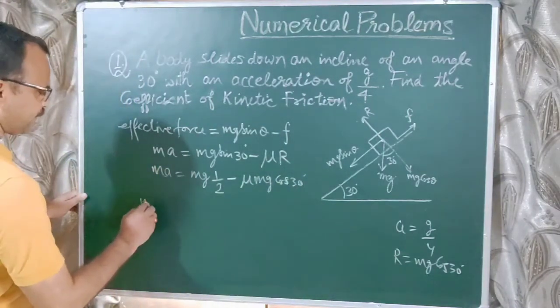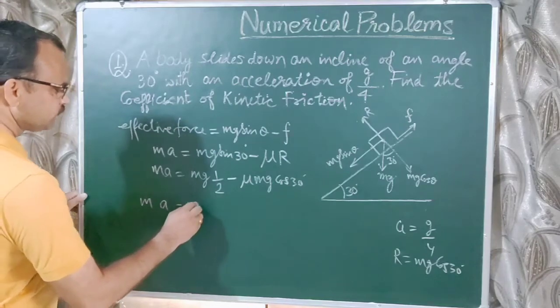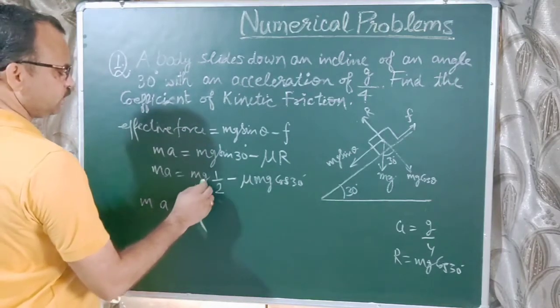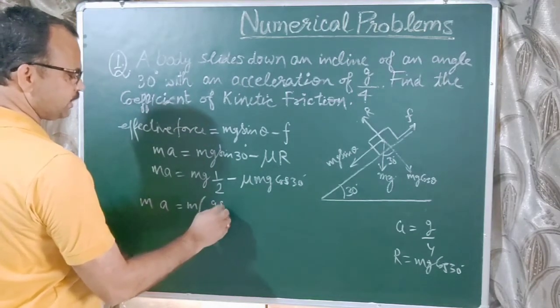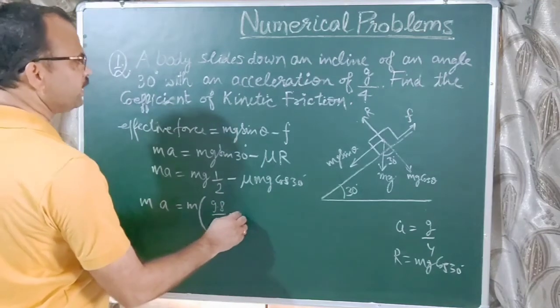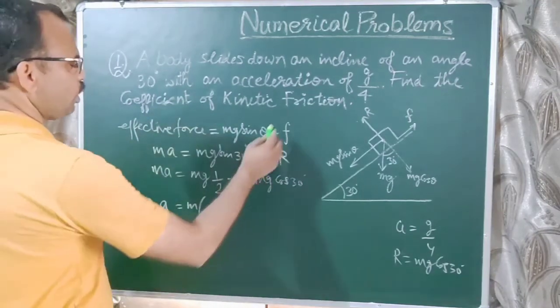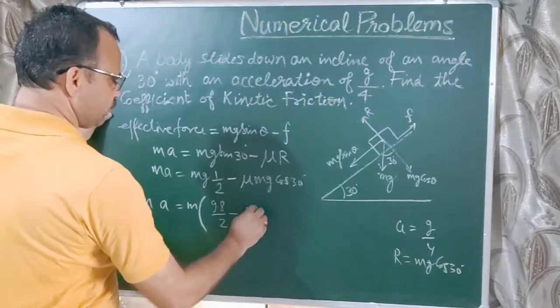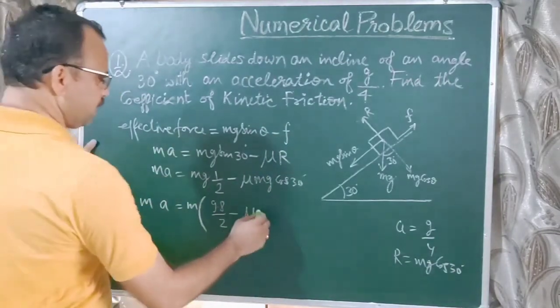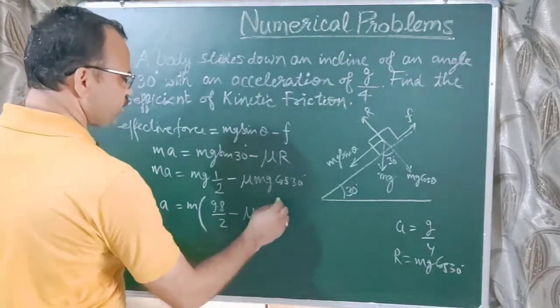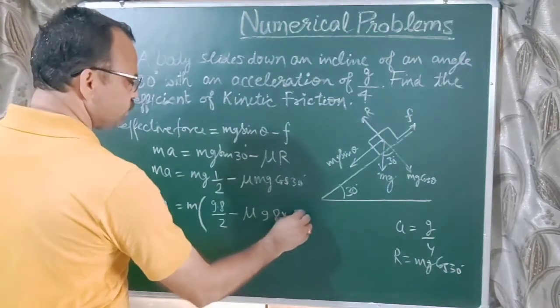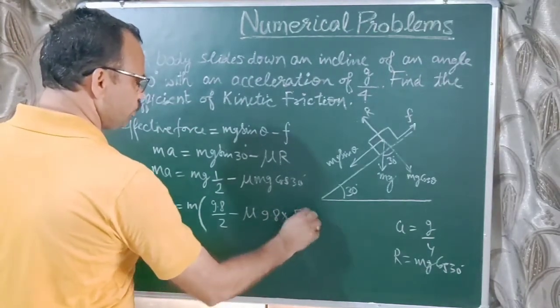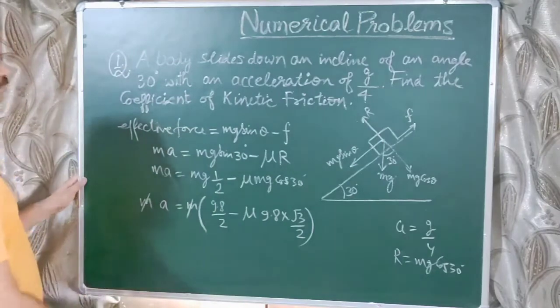So taking m common in a bracket: g by 2, where the value of g is 9.8, minus mu, which we have to calculate, times g again 9.8 and the value of cos 30, which is root 3 by 2. Now m and m cancel.